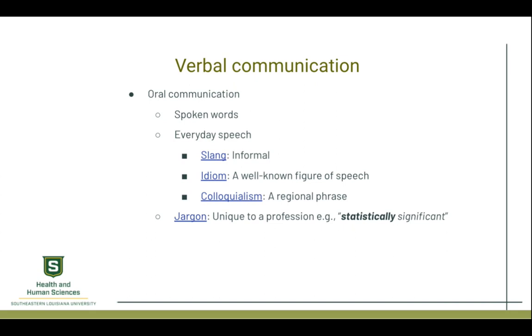So you want to avoid jargon when you are in everyday conversation or oral communication with people who are outside that profession. Then you have medical terminology, which is often in Greek or Latin, and other non-medical people don't know what that means.